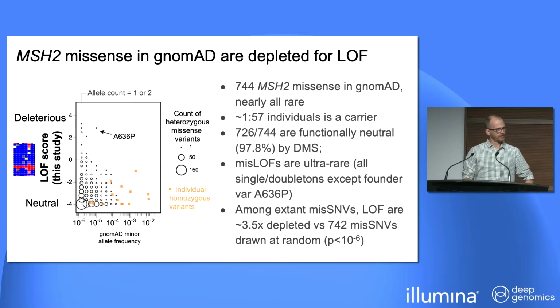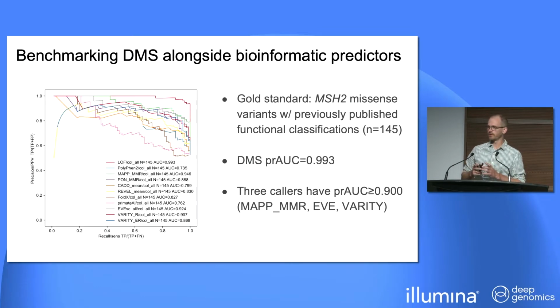Next we curated a slightly different kind of validation set, comprised of as many reports of missense variant function as we could find in the literature for MSH2, so 145 variants. We wanted to benchmark the deep mutational scanning data and best-in-class prediction algorithms against that gold standard set.